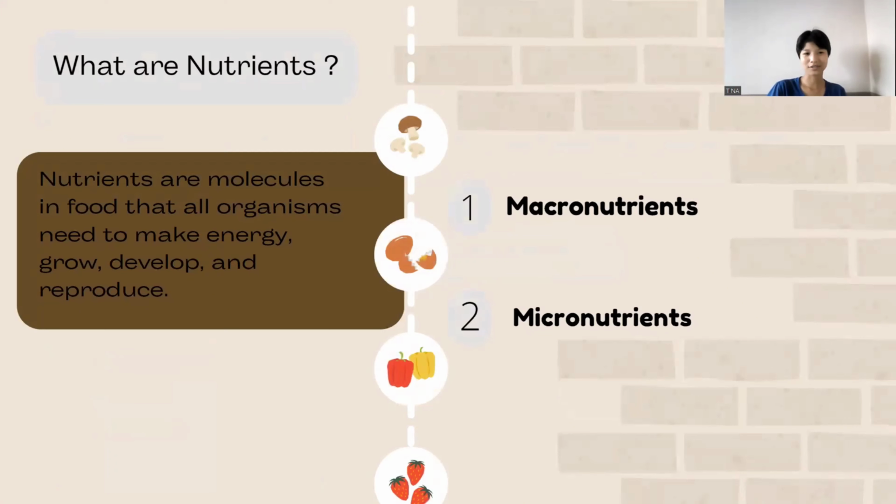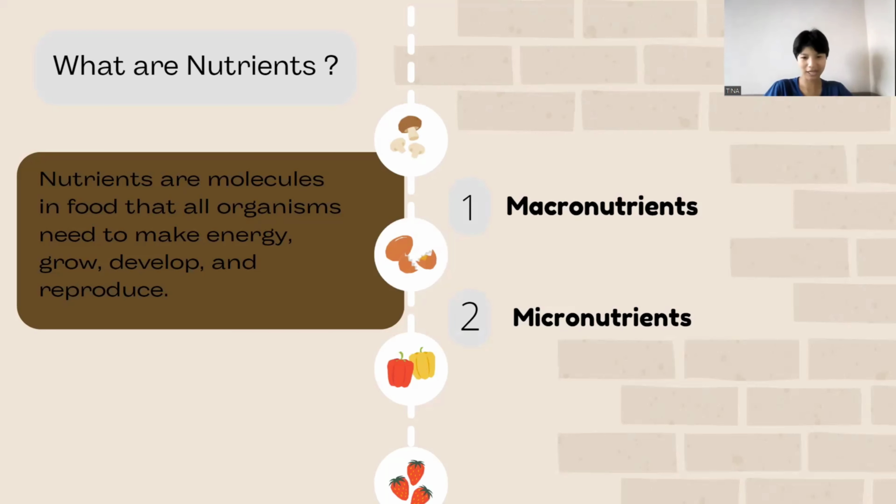So what are nutrients? Nutrients are the molecules in food that all organisms need to make energy, grow, develop, and reproduce. Scientists divided nutrients into two categories: macronutrients and micronutrients. Especially for macronutrients, we need a larger quantity to provide for our body, especially protein, carbohydrate, and fat.